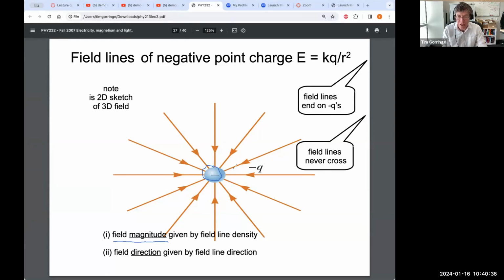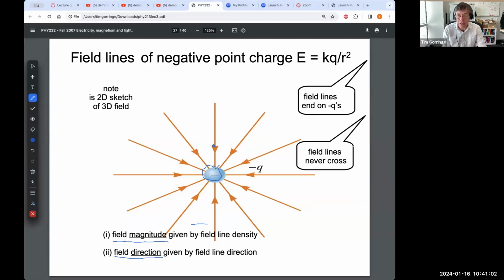So in this region close to the charge, they're tightly packed, they're densely packed, so this is strong electrical field. In this region far from the electrical charge, they're loosely packed, and so this is a much weaker region of electrical field. The direction of the electrical field is given by the direction of the field line. So if you're upstairs here, the field lines are pointing down.